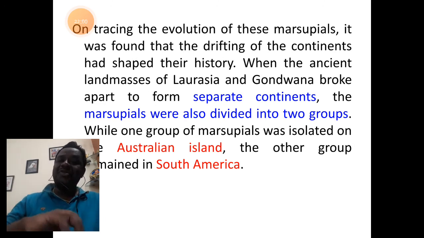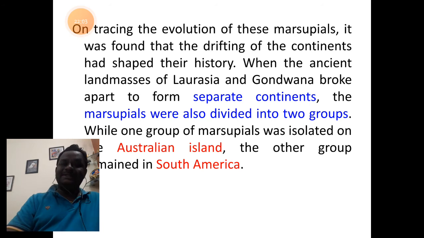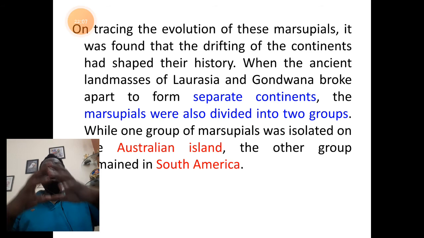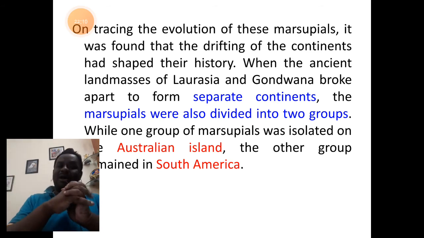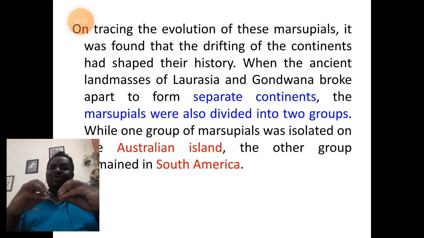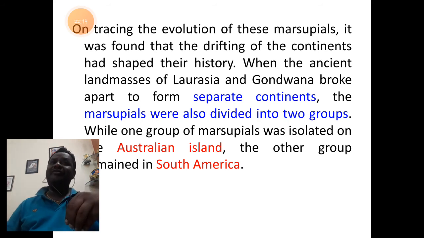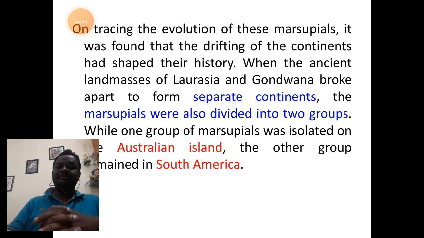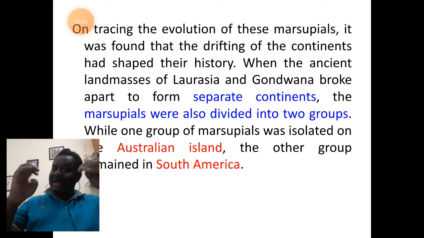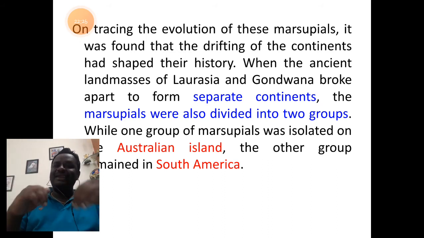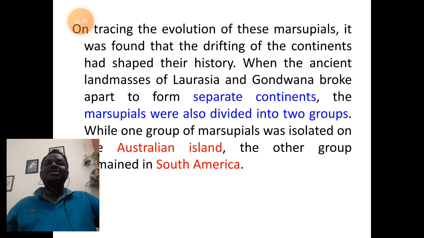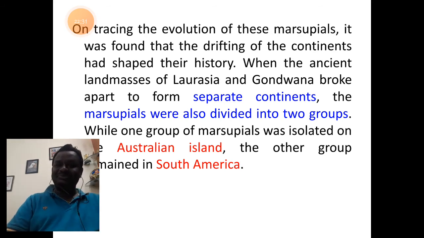When we trace out the evolution of these marsupials, it is seen that the ancient landmasses of Laurasia and Gondwana broke apart into separate continents, and the marsupials which were there initially got divided into two groups. This is the second example that we are following.